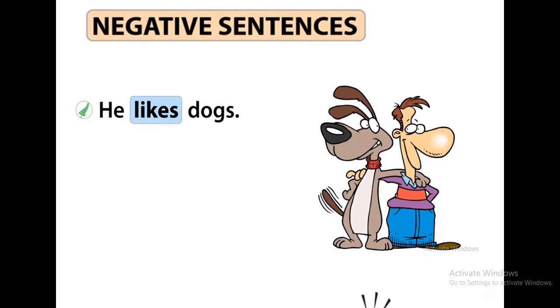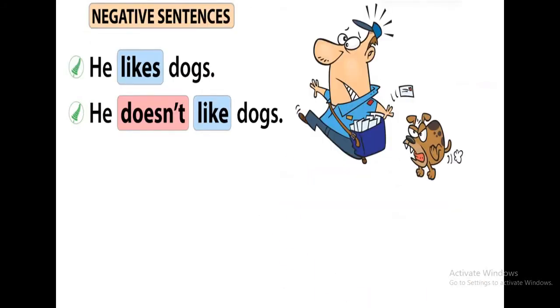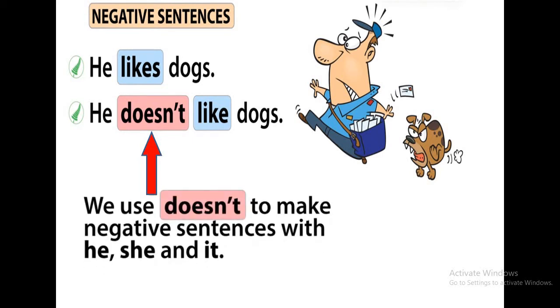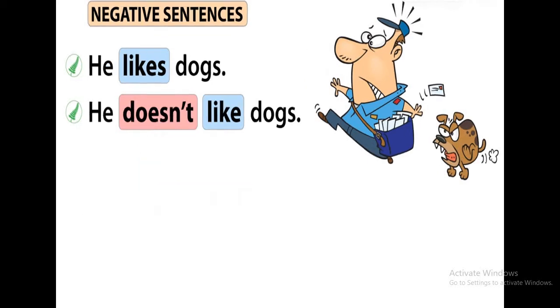The negative is he doesn't like dogs. So we use doesn't to make negative sentences in the present simple tense when the subject is he, she, or it. You put doesn't before the verb. He likes dogs. He doesn't like dogs.